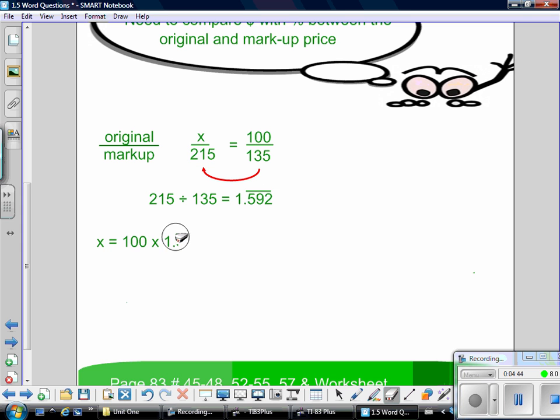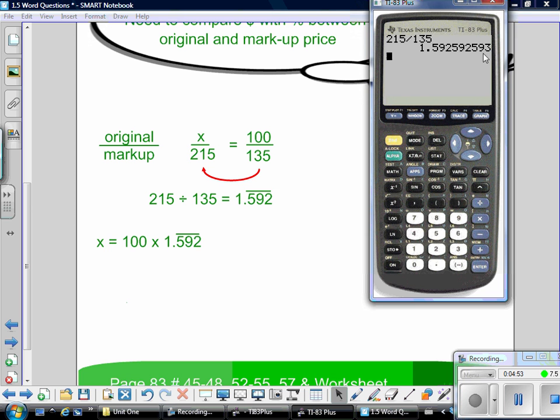times 1.592 repeating. Again, I bring up my calculator, and I'm just going to keep that on there because that is all of the decimals, multiply it by 100, and I end up with 159.259. We're looking at money, so the 5 is going to change to a 6 because this 9 is going to bump it up.